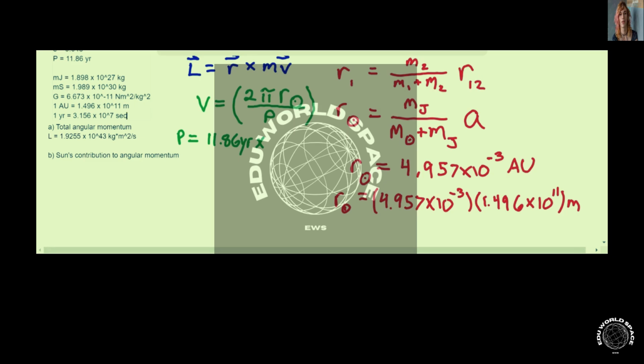So we're going to have to include that when we do the period calculation. So years times 3.156 times 10 to the 7th. That's how many seconds are in a year. So years cancel. And that's how we calculate the period in seconds. So all of that is going to be what we'll plug in for P.